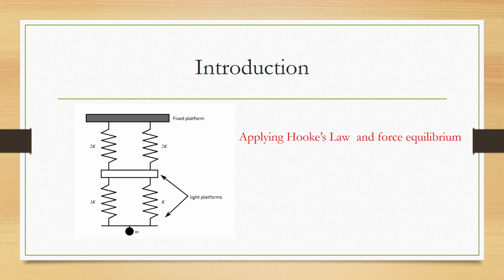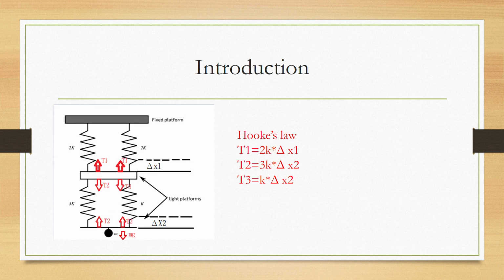Applying Hooke's law and first equilibrium to get some data to simulate this. Hooke's law first: T1 equals 2k times delta x1, T2 equals 3k times delta x2, T3 equals k times delta x2, and there is one ng there.